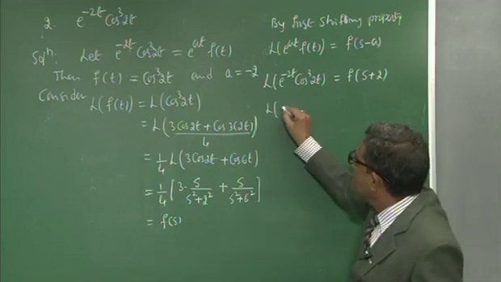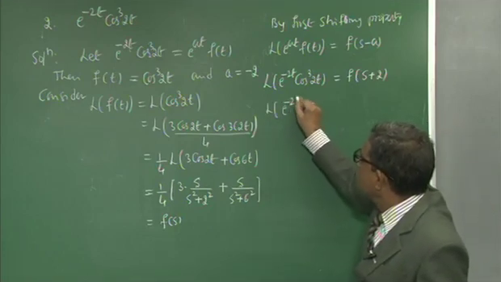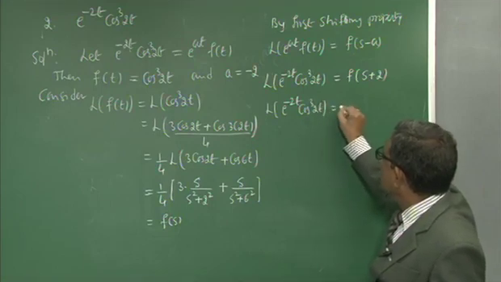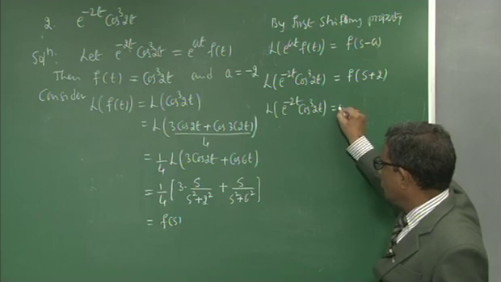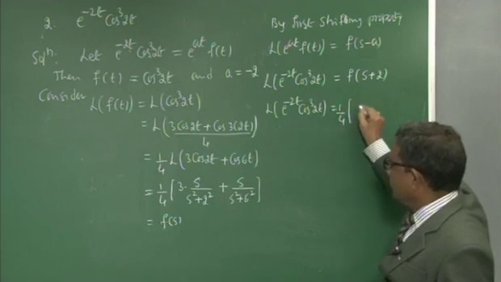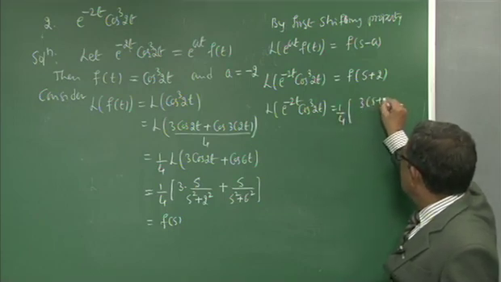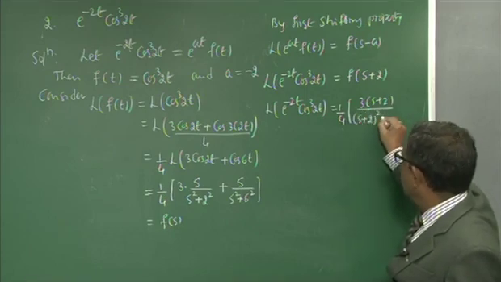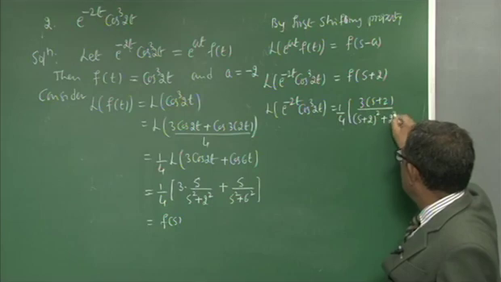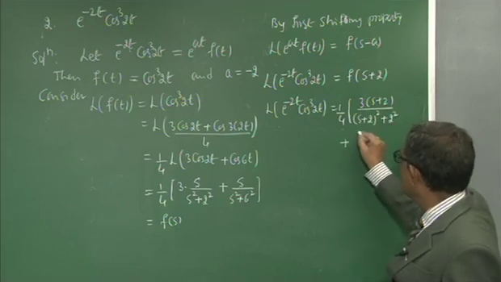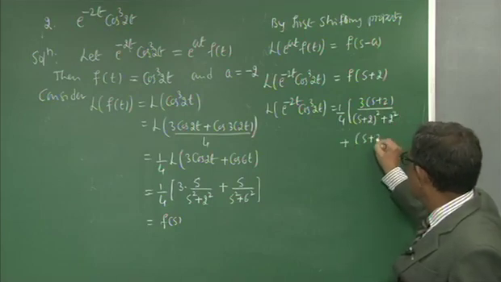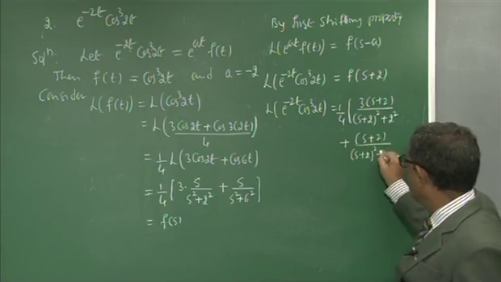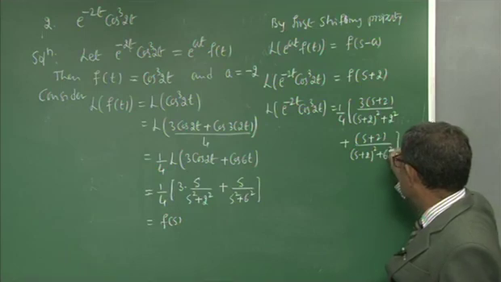Therefore we can write L of e raised to minus 2t cos cube 2t as 1 by 4 times 3 into s plus 2 divided by s plus 2 whole square plus 2 square, plus the second term s plus 2 divided by s plus 2 whole square plus 6 square.